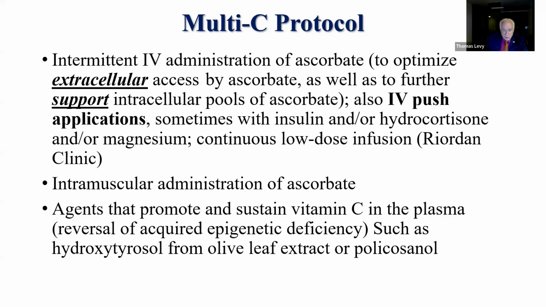And then an important one there at the bottom, and I don't have time to go into a great deal of detail, except to say that the genetic deficiency that keeps most people from making vitamin C is epigenetic, meaning it's not programmed in the DNA, but it means the fourth enzyme in this case did not get transcribed or translated, and so you didn't get this enzyme that finally makes the vitamin C. Well, we have agents that have been shown when you take them, they actually help reverse this deficiency and allow the person to start making more vitamin C of their own again.